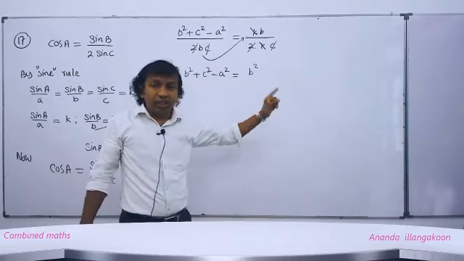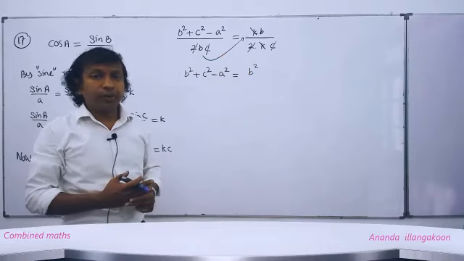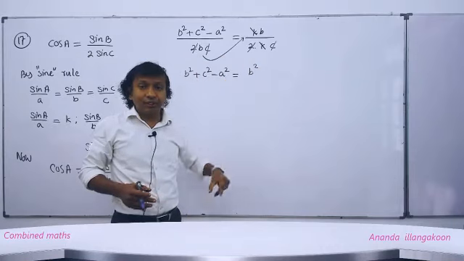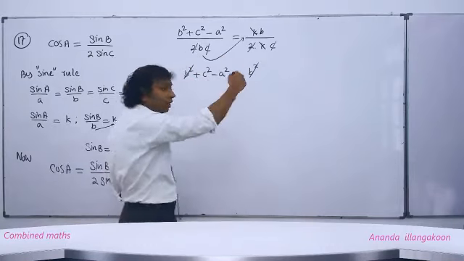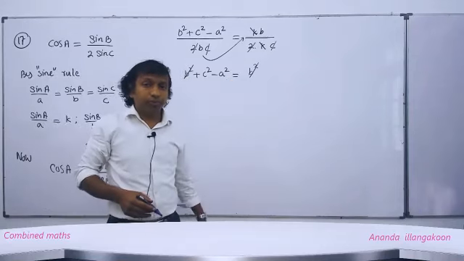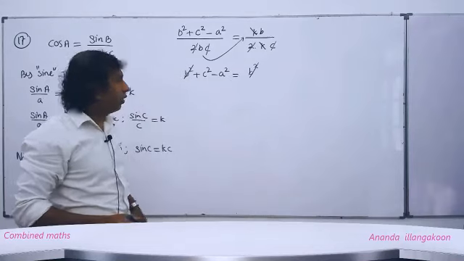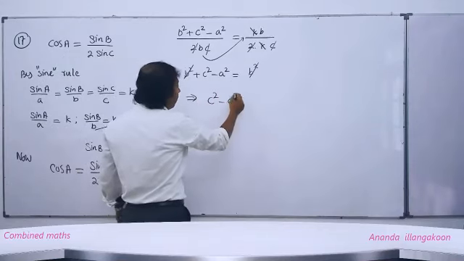That means finally in the left and right, no term B squared. No need to take this to the right hand side to show the cancellation. We'll straight away cancel down both sides. Then what do we have here? Now we have C squared minus A squared equals 0.